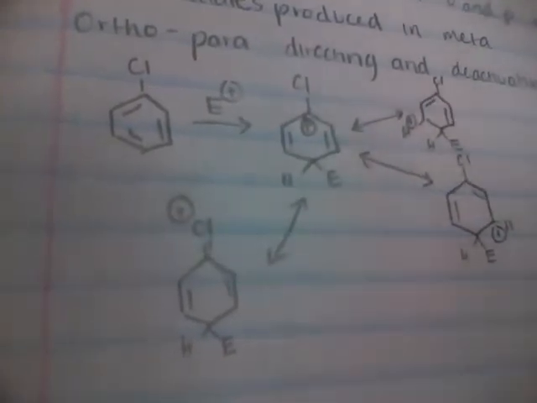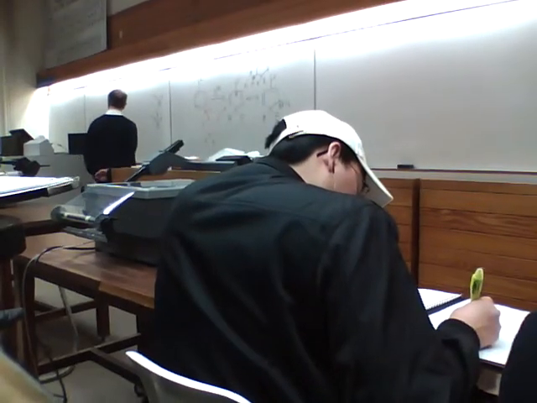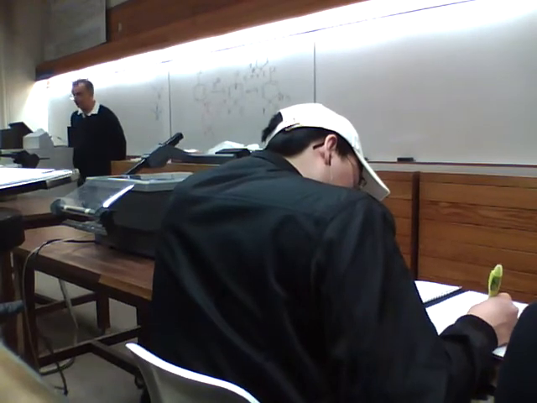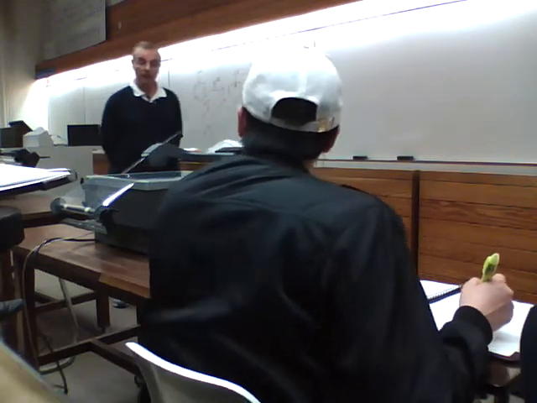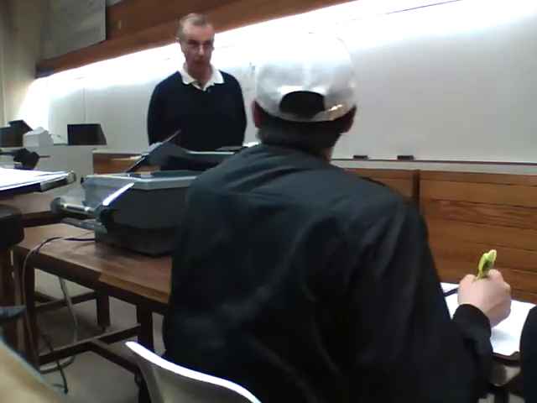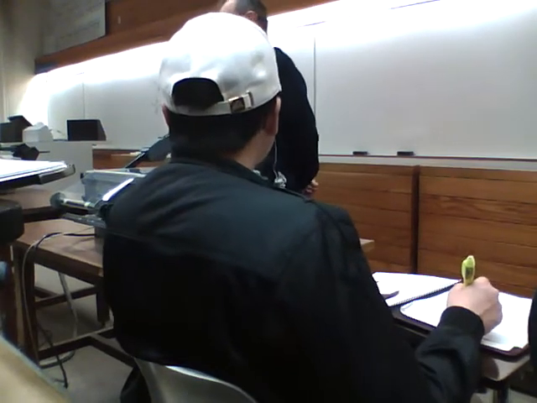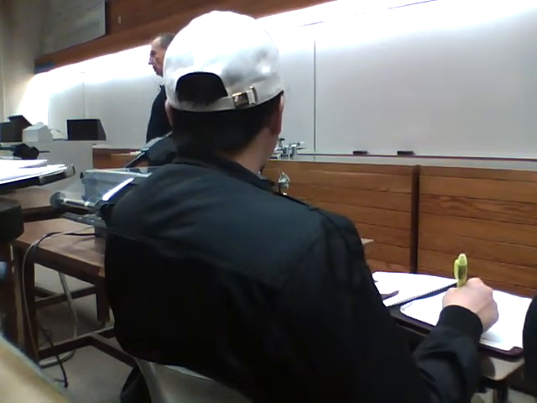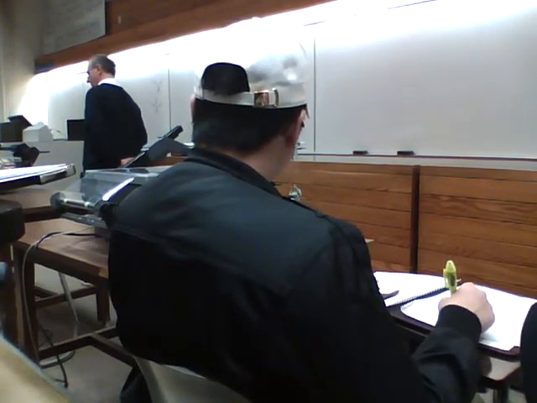Now, chlorine is ortho-para-directing and deactivating. And you remember that a moment ago I said that what you had to take as a matter of faith was the fact that the conjugation effect of oxygen, feeding of the oxygen lone pair towards the ring, overwhelmed the inductive electron withdrawing effect due to the electronegativity of oxygen.